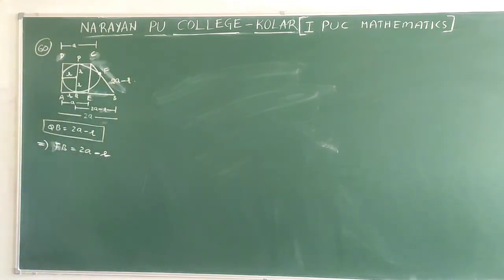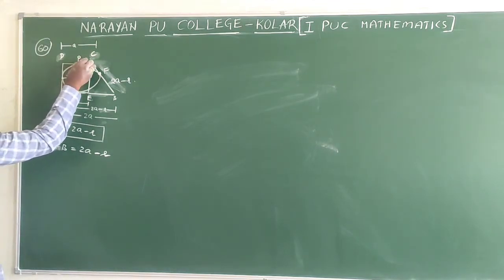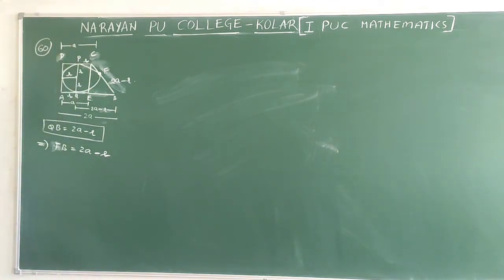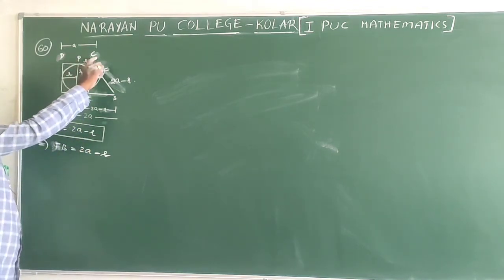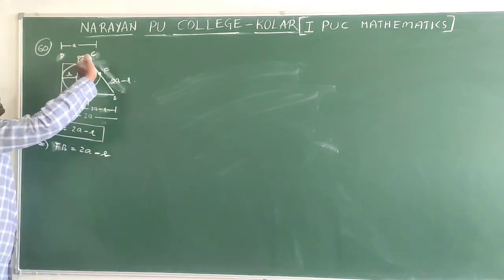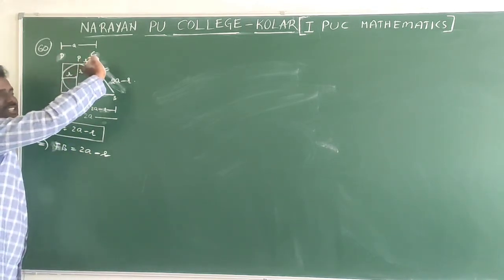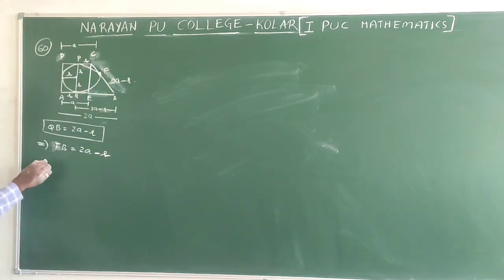Now coming to this. This distance is what? Radius. See, this is also a tangent drawn from C that meets at P. Similarly, this is also a tangent drawn from C at point P. We know that PC equals r.